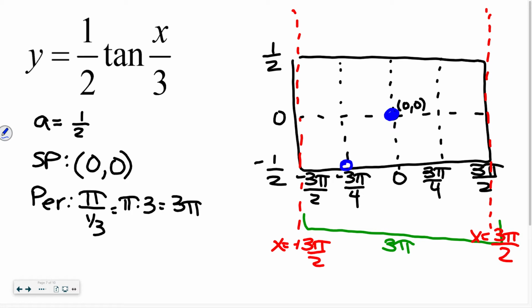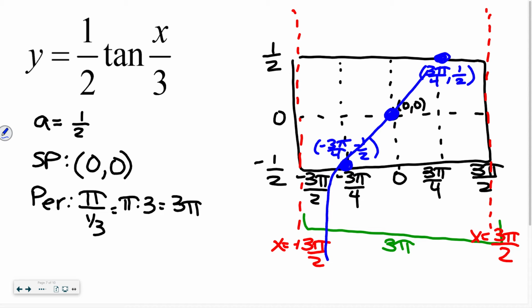And I'm going to use these points on my frame. If I wanted to transfer this to a coordinate plane, negative 3 pi fourths, comma negative 1/2, that's an actual point on this tangent function. This works out, so I'm going to label those 2 extra points. This one will be 3 pi over 4, 1/2.